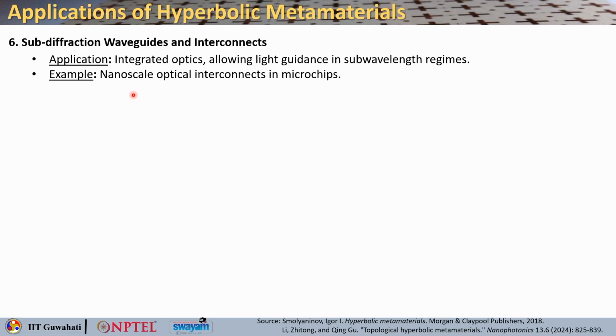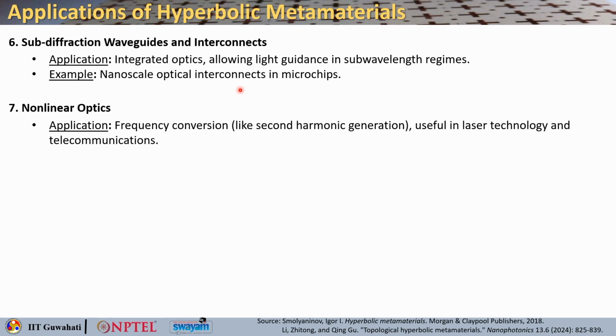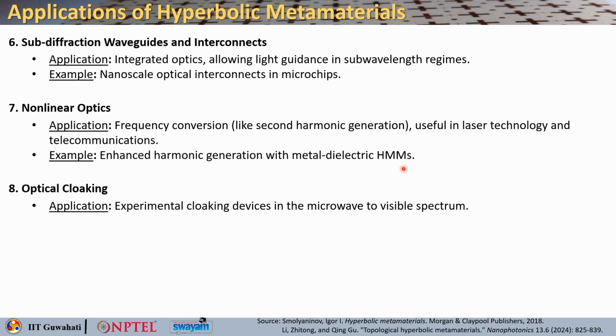You can also use them for nanoscale optical interconnects in microchips. Other applications include nonlinear optics, where you can do frequency conversion like second harmonic generation, which is very useful in laser technology and telecommunication, and that can happen in metal dielectric hyperbolic metamaterials.